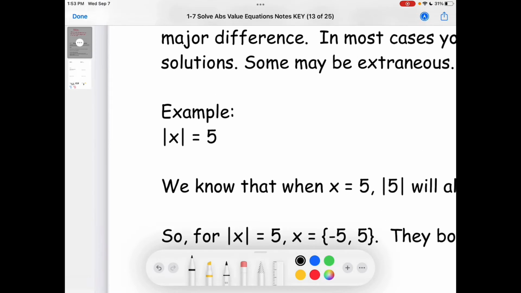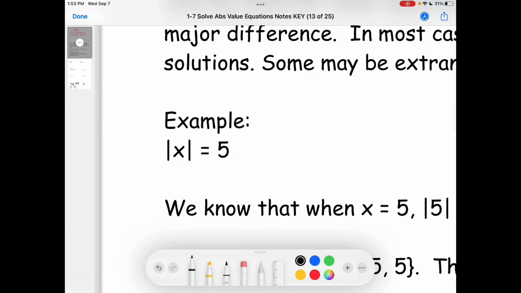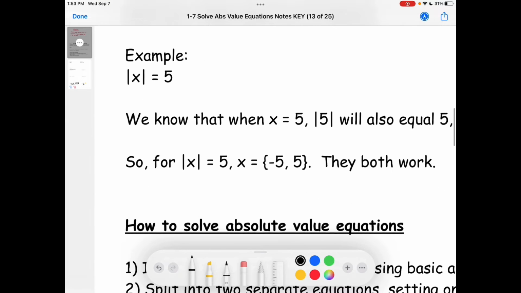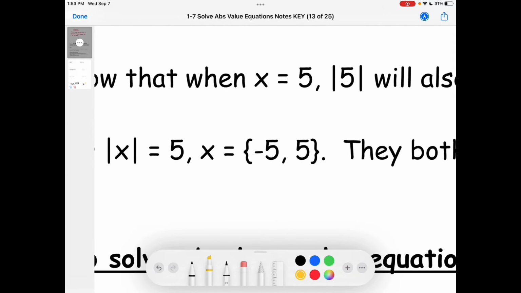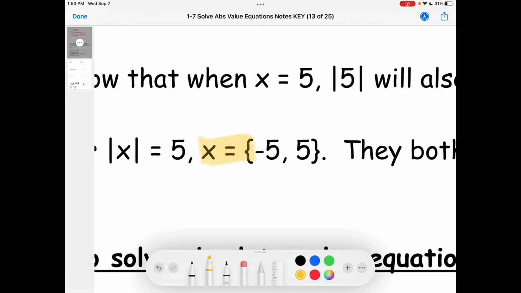But x could also be -5, because the absolute value of -5 is also 5. So instead of just saying x equals 5 and we have one solution, we have two possibilities. We say that x is part of that set: it's either -5 or +5, because either one of those would give you a true equation.